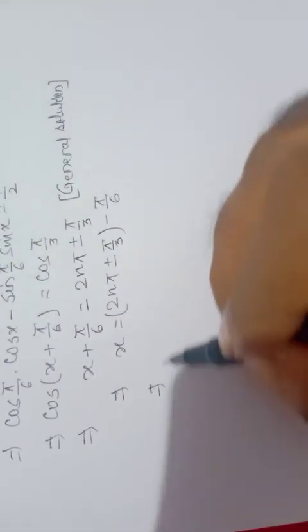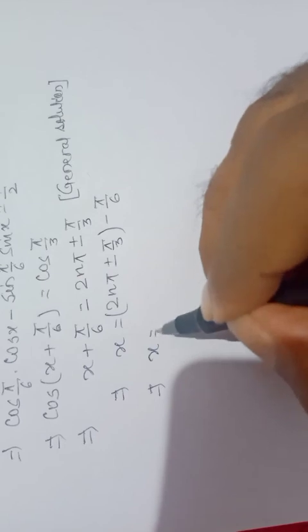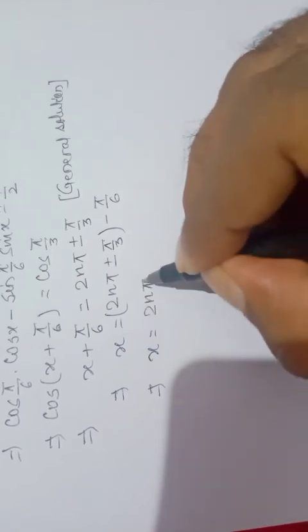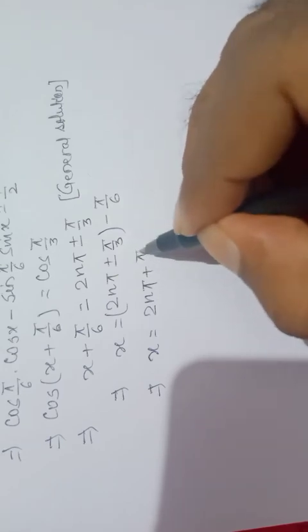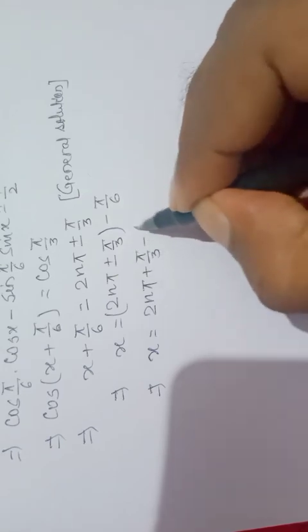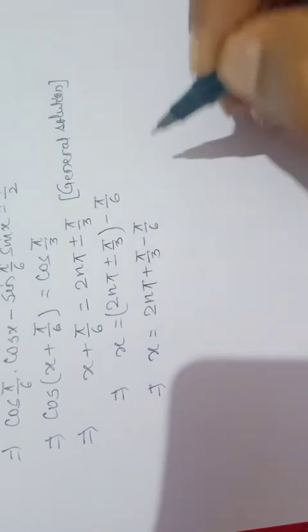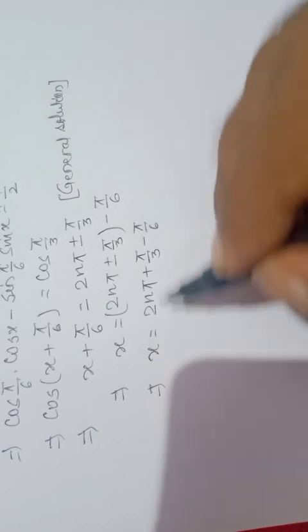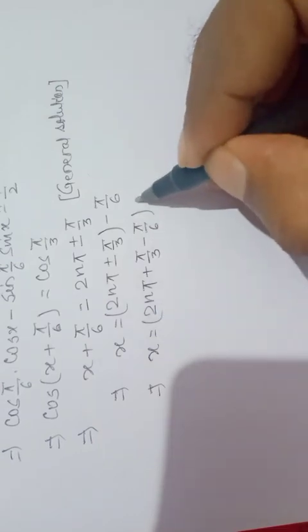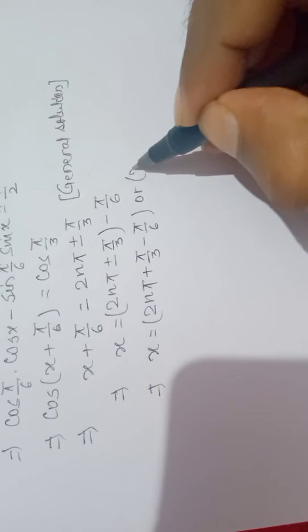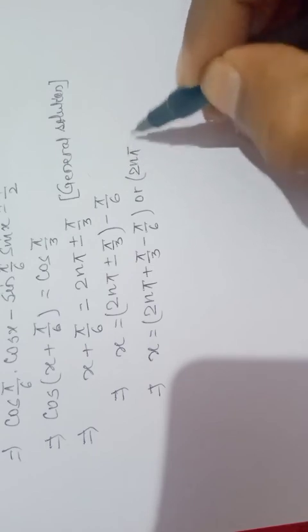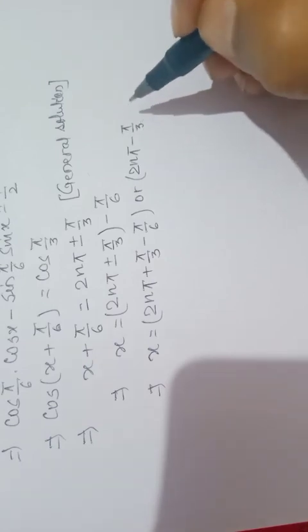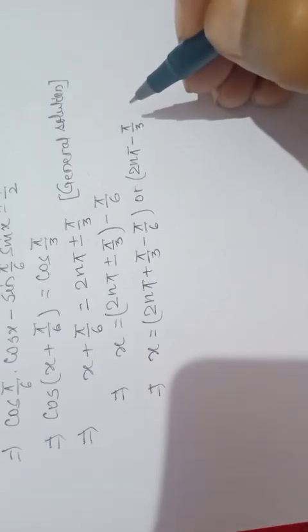Hence x should be written in two forms. One is 2n pi plus pi by 3 minus pi by 6, or x is equal to 2n pi minus pi by 3 minus pi by 6.